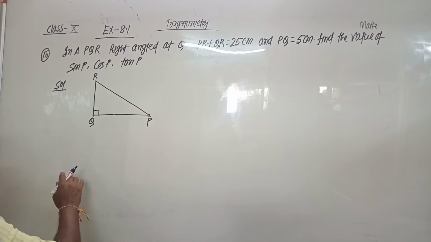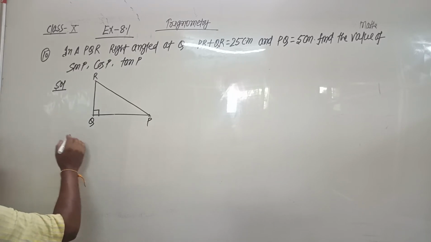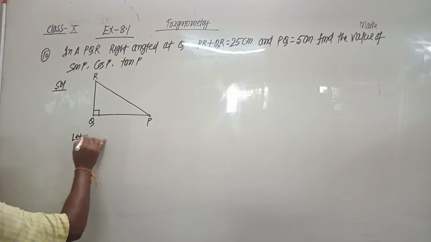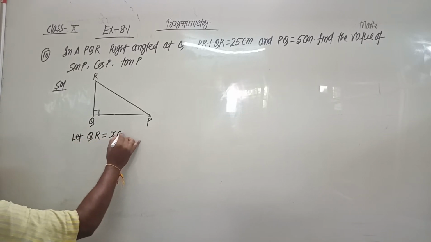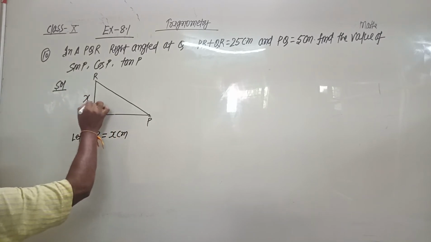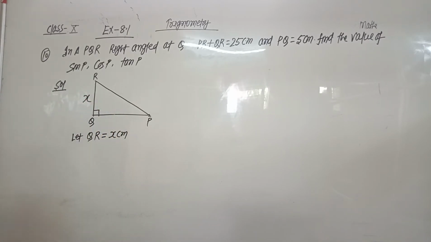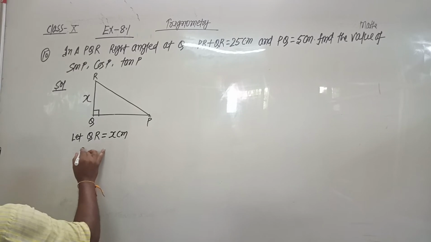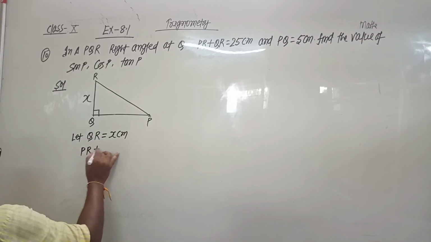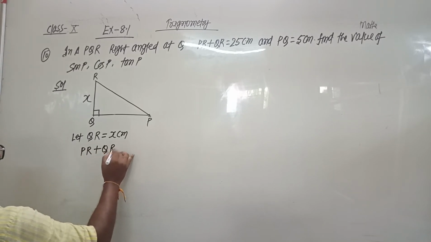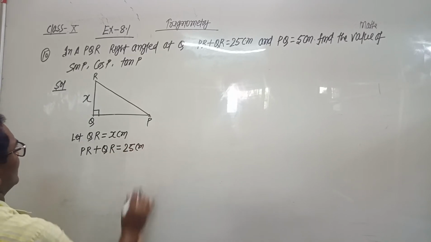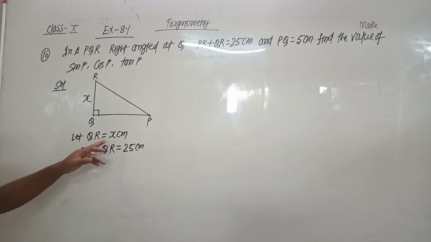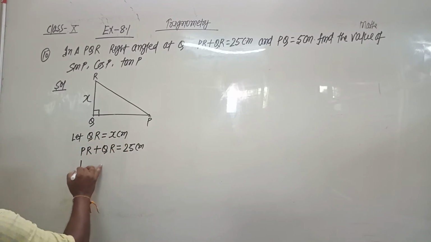So let QR equal x centimeters. We are given PR plus QR equals 25 centimeters, and we have supposed QR equals x centimeters.